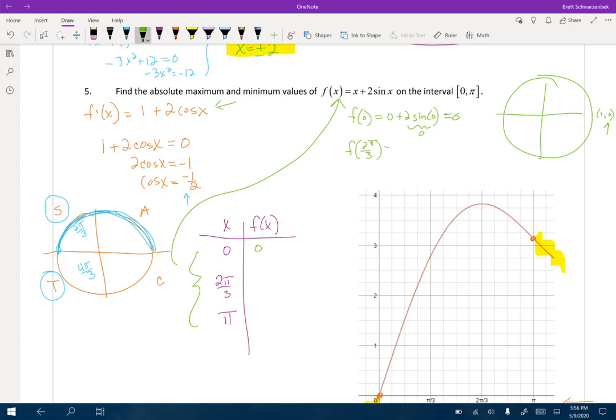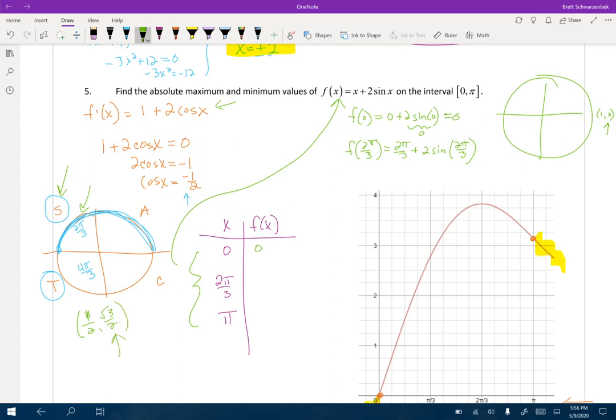F of 2 pi over 3 is going to be 2 pi over 3 plus 2 sine of 2 pi over 3. Okay, well, 2 pi over 3 is right here. Remember, sine is positive in that quadrant, and the sine is going to be the y coordinate of the coordinate negative 1/2 comma root 3 over 2. So the y coordinate is going to be root 3 over 2.